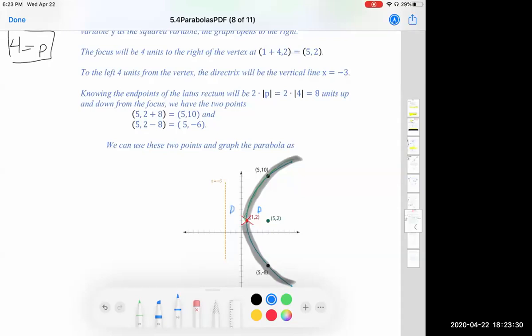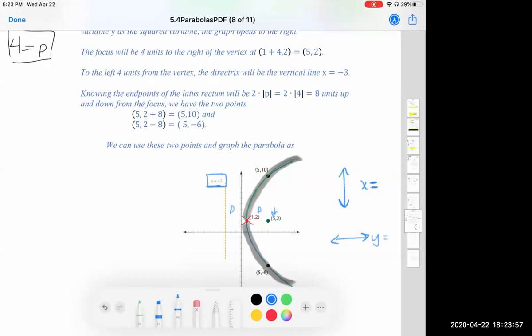So we're going to add 4 units to our x, so 1 plus 4 gives us that 5. 1 minus 4 gives us negative 3, so we have a vertical line at 3. Make sure you write your line, so that's x equals negative 3. Remember, vertical lines are x equals, and horizontal lines are y equals your number.